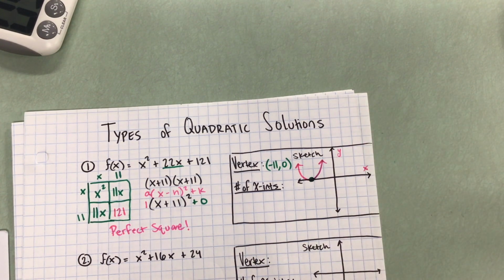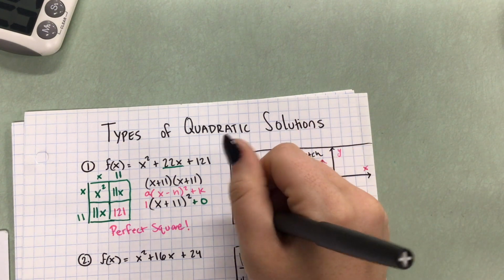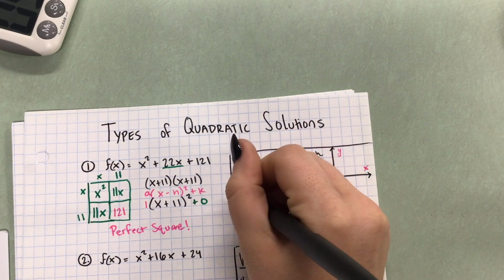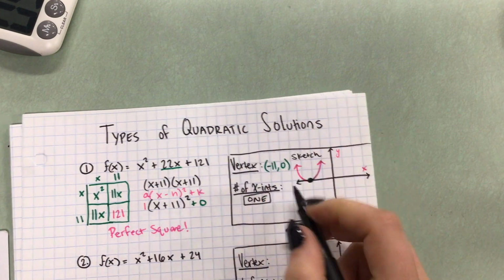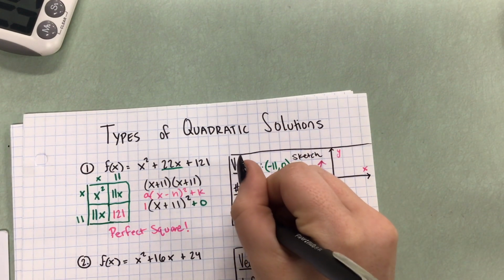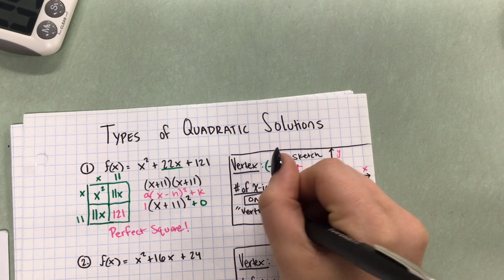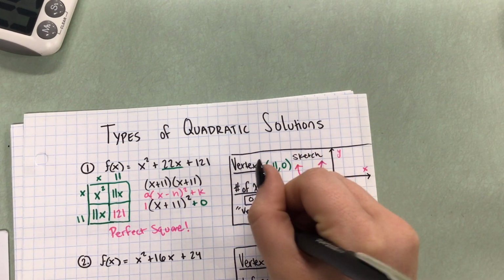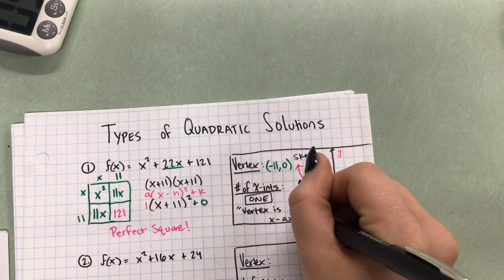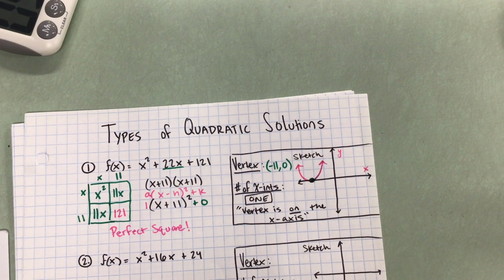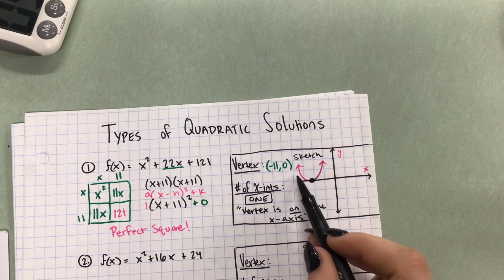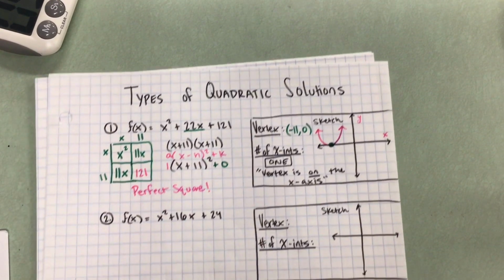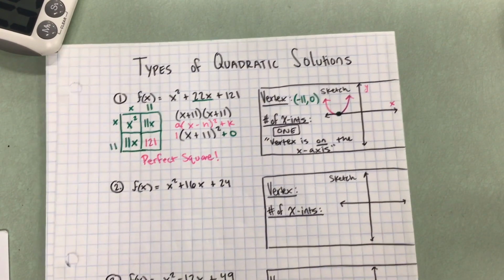So that means we're going to have one x-intercept. So the vertex is touching, or it's bouncing off of the x-axis, so it's only going to touch one time. So that's one example. Let's do 2 more examples.